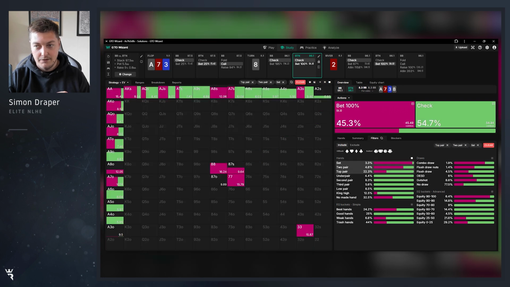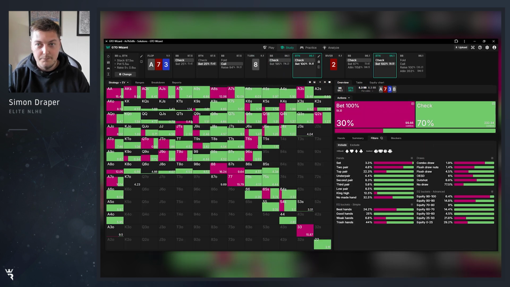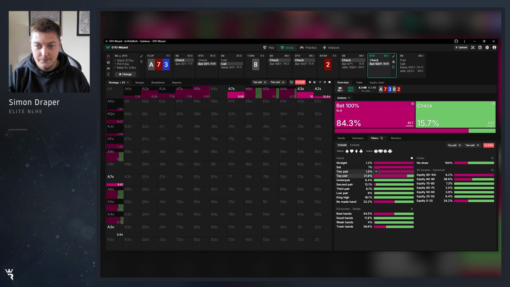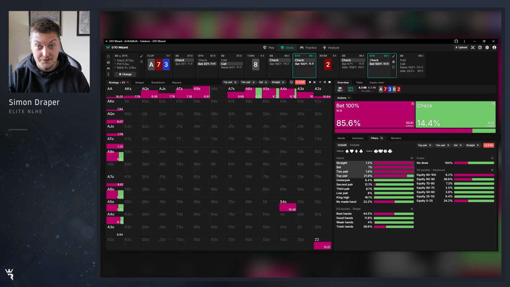Not quite the majority of our value, but a lot of our value is going into the betting line. It's not going into the checking line. So what this means on the river, when we look at our ranges, is we only have about a quarter of our range that we arrive with in this checking line on the river that's able to value bet, right? We only have 50 combos of value, give or take, okay?